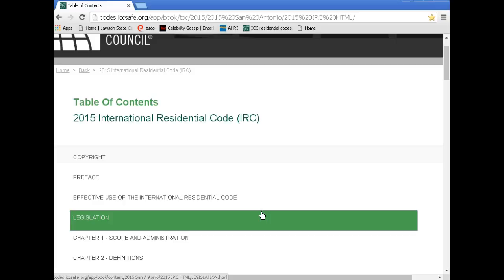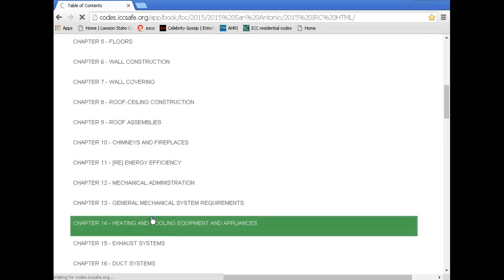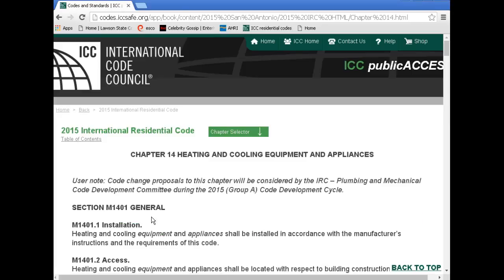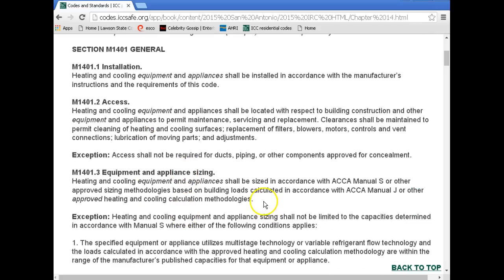So the first one I'm showing is 1401.3. And like I said, these may or may not be right with the 15. 1401.3 sizing still looks right there, right?